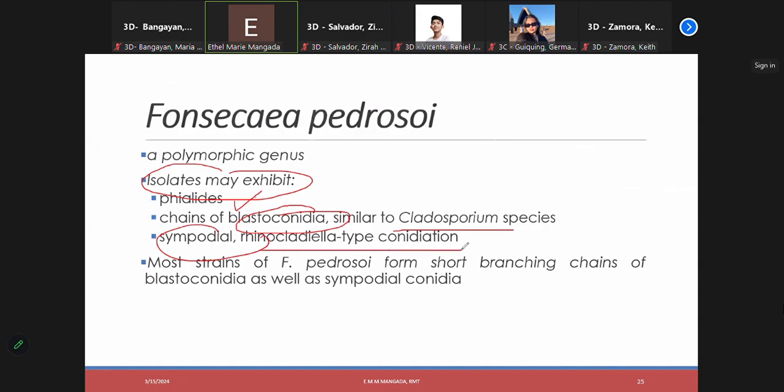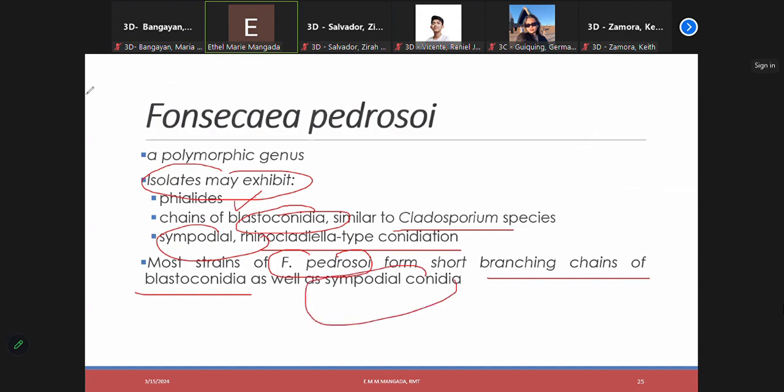Mamaya makikita nyo yung rhinocladiella. Actually, kamukha niya din yung kanina, yung collarette ni Phialophora verrucosa. Okay? Most strains of your F. pedrosoi form short branching chains of blastoconidia as well as sympodial conidia.